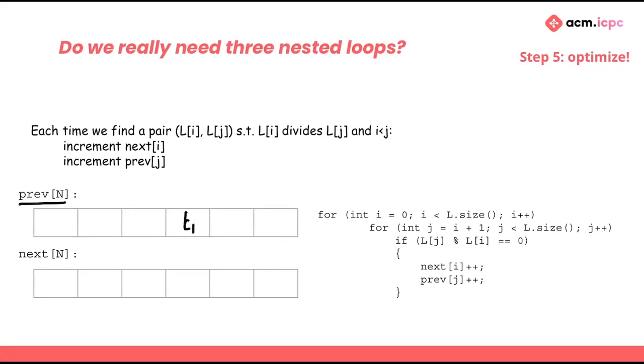And for each element of the array, we'll also store a value in the array next. And basically, that will be K2, the number of elements that go after that element in the array that this element divides. Okay, so it's probably hard to see what's going on at first glance.